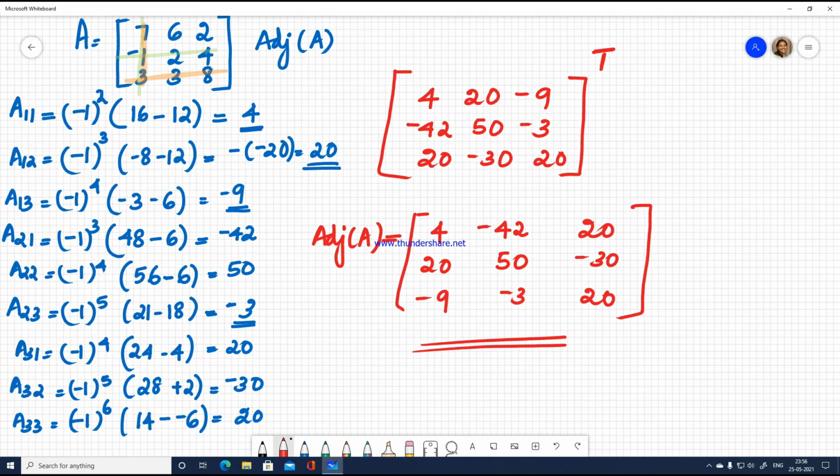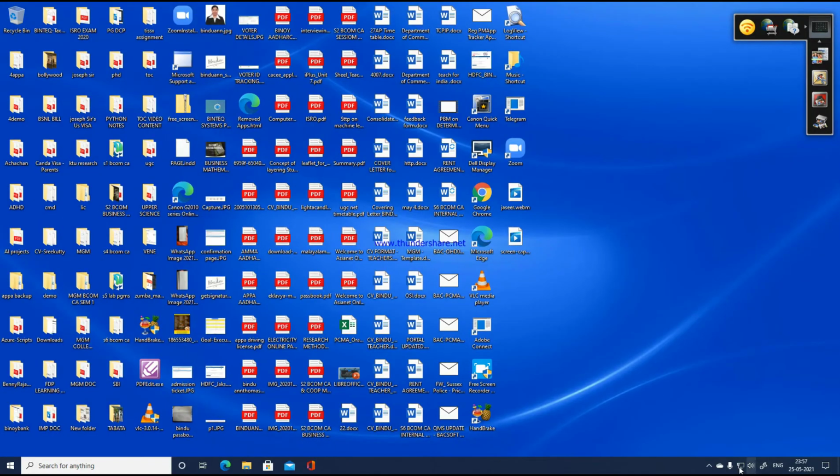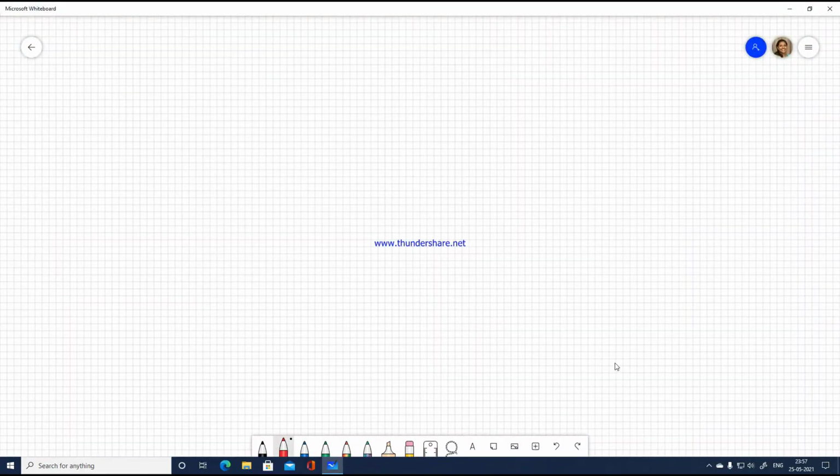So this is how we find the adjoint of a 3 by 3 matrix. So first you need to find the cofactor, then you need to find the transpose of the matrix.